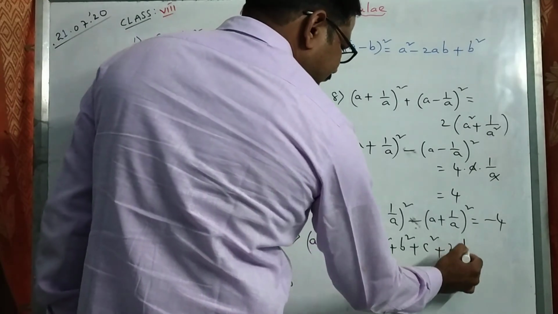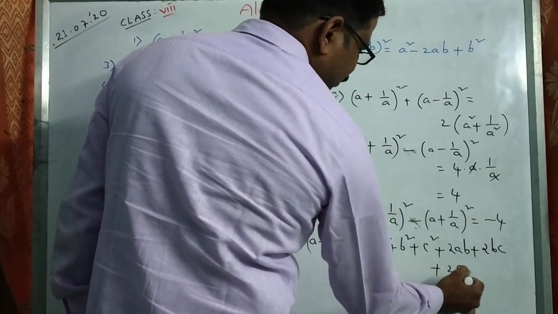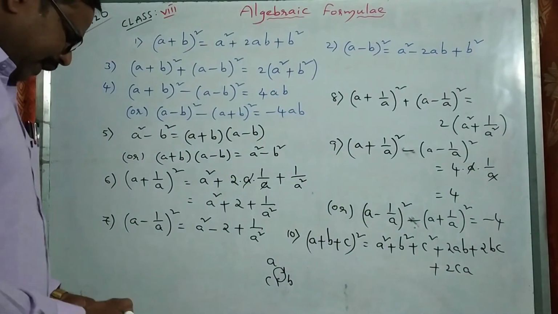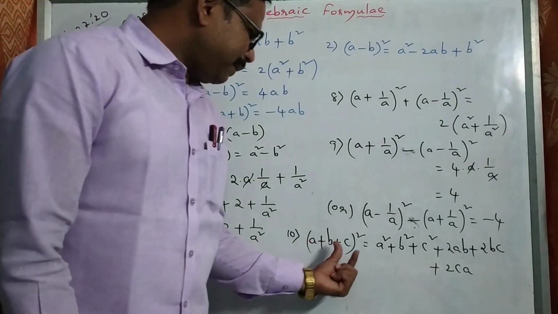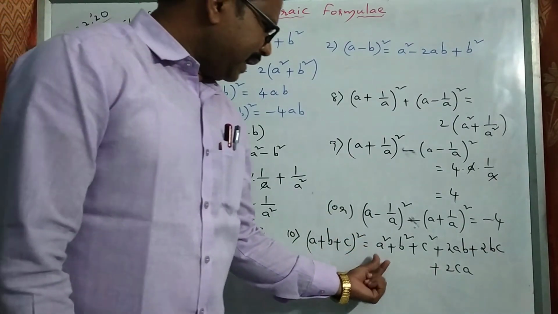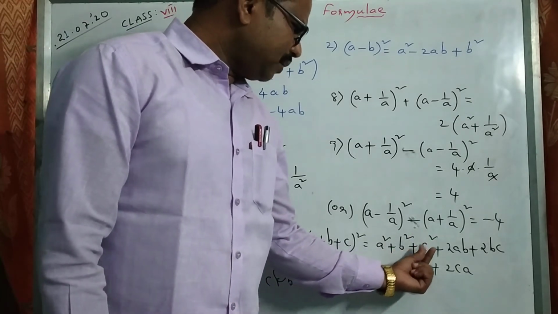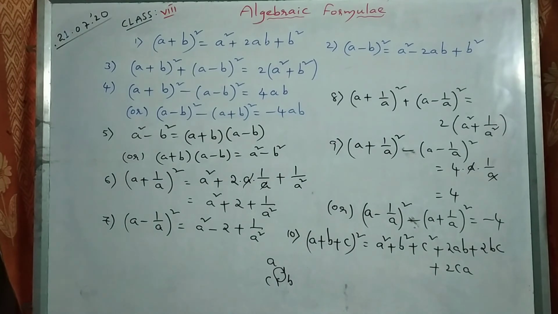So 2ab plus 2bc plus 2ca, cyclic order, easy to remember. Okay, (a plus b plus c) whole square equal to square of trinomial, a square plus b square plus c square plus 2ab plus 2bc plus 2ca.